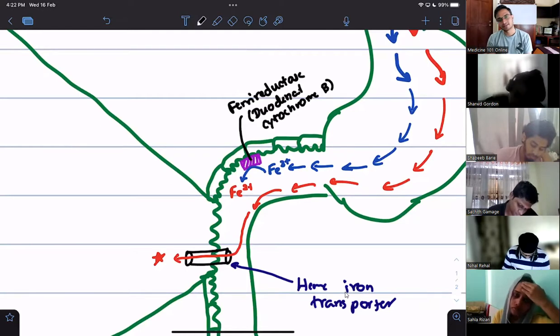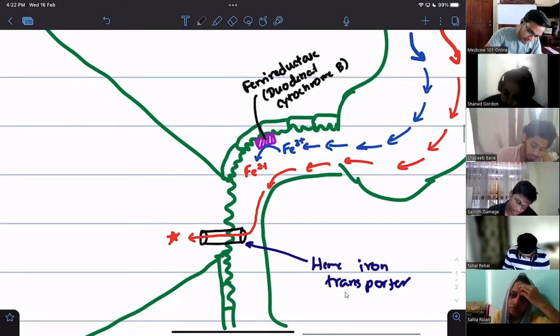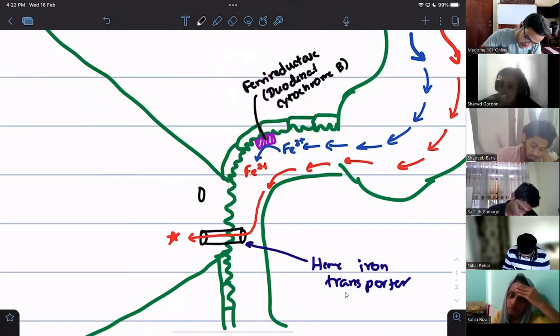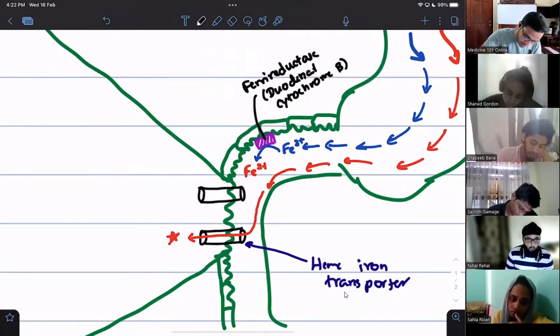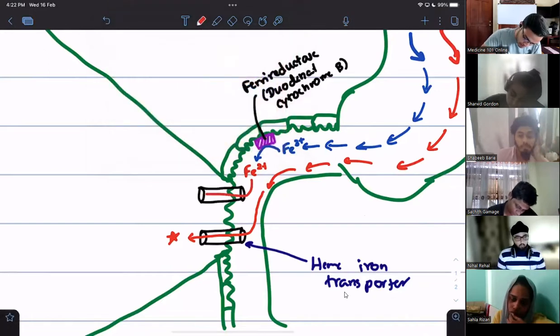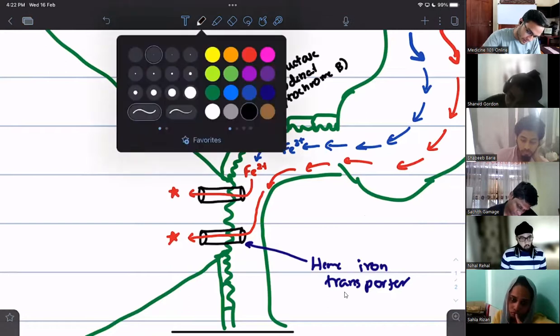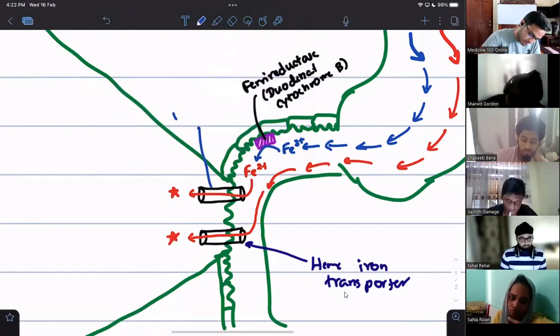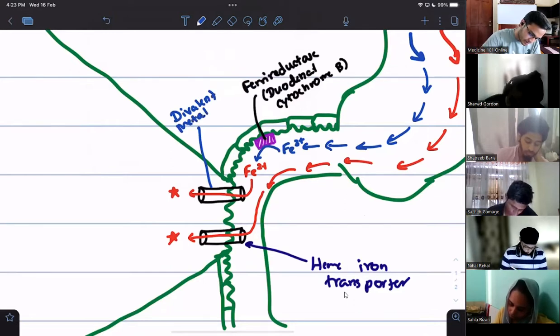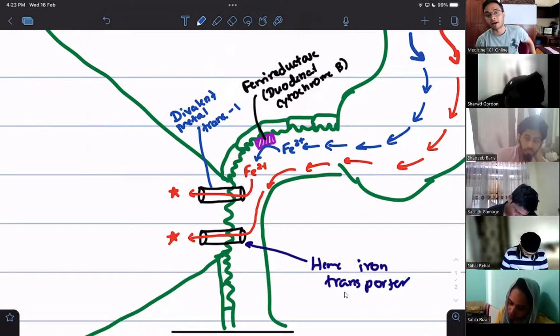Now, this iron that was converted from Fe3+ to Fe2+ has its own channel that can easily transport it, coming in like this. This channel is called, write this down, divalent metal transporter type 1, DMT1.